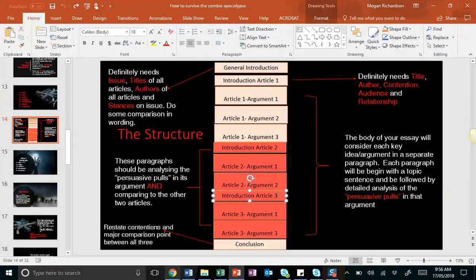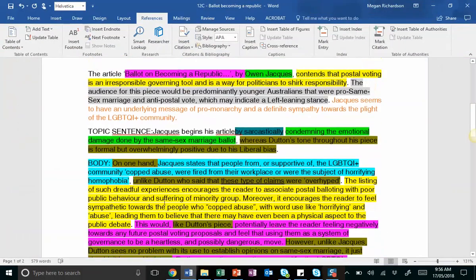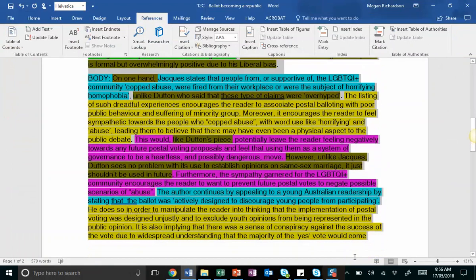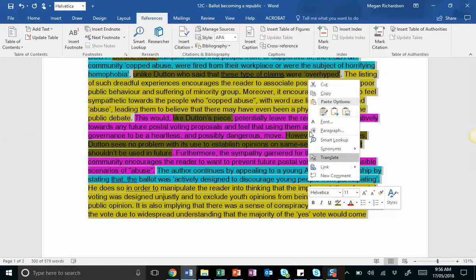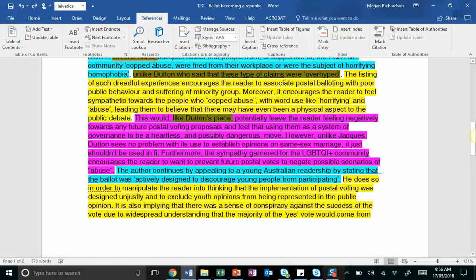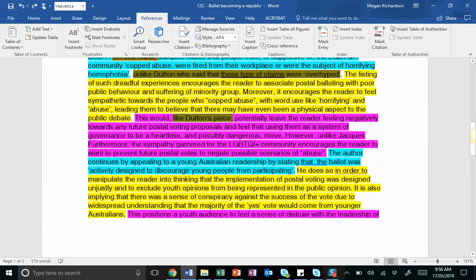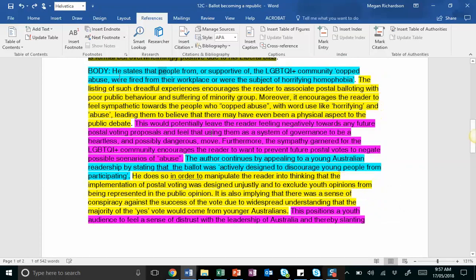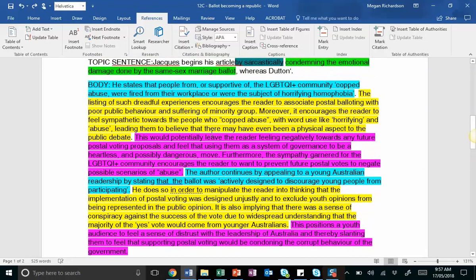is send you a copy of what we just did. But what I'm going to do, just so that we have it separate, is copy this, and then get rid of all the comparison so that it just looks like a normal Article 1 paragraph. Undo, undo, undo, and then I'll paste it underneath with it.